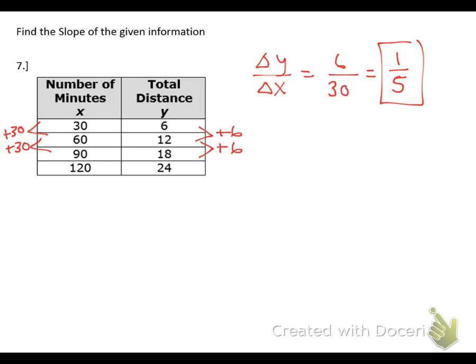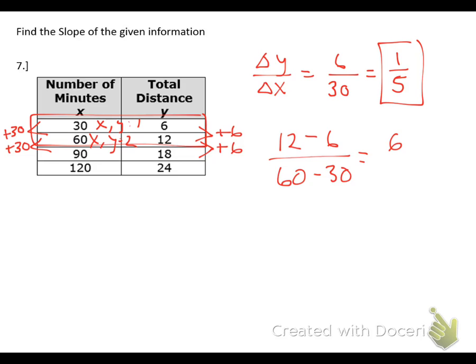Now again, just to show you with our slope formula, I'll use these points here, with this first one being x2 and y2, and this second one being x1 and y1, just to kind of show you what that would look like. y2 is 12 minus y1 is 6. x2 is 60 minus x1, which is 30.